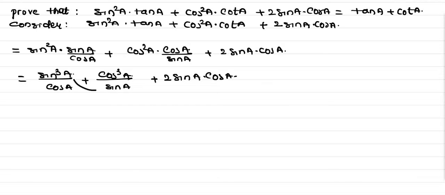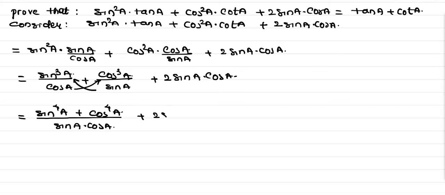Again we cross multiply these terms here. We multiply sin cube a and sin a, and cos a into cos cube a. So sin cube a into sin a gives sin 4a, plus cos cube a into cos a gives cos 4a, upon sin a into cos a, plus 2 sin a into cos a.